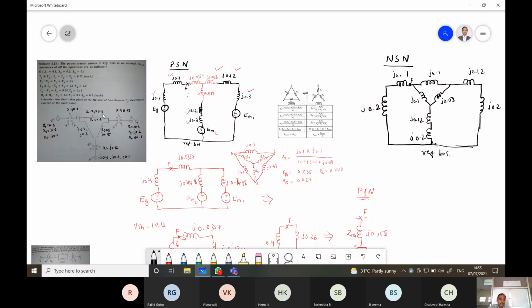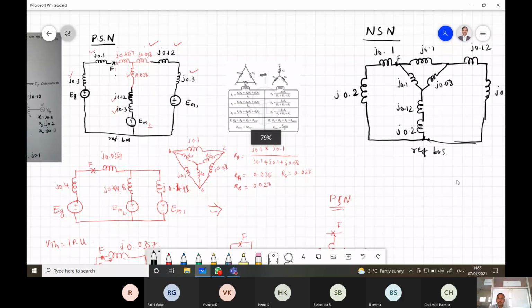And for the transmission line, X2 is J0.1 for lines L1 and L2. For L3 it is J0.08. This is X2, 0.08, that is also the same. And for the motor, X2 is J0.2 for both motors. So therefore we got the negative sequence network.